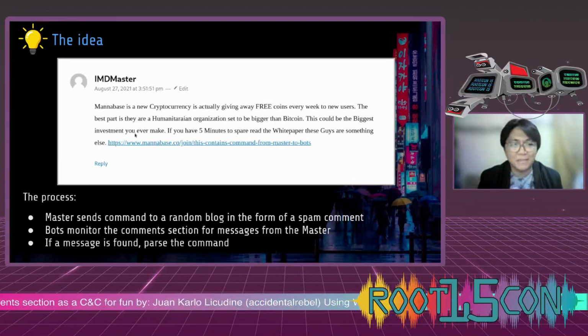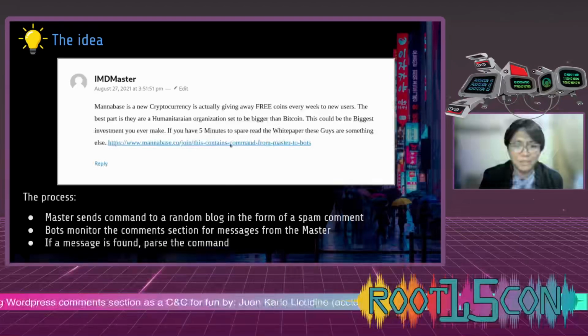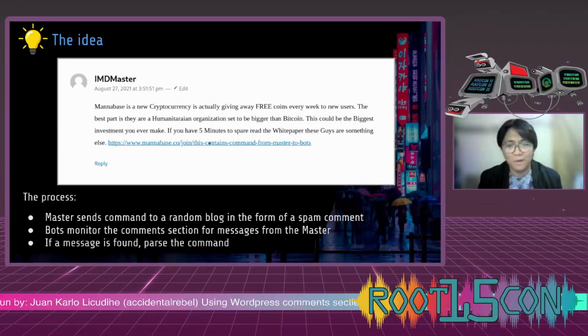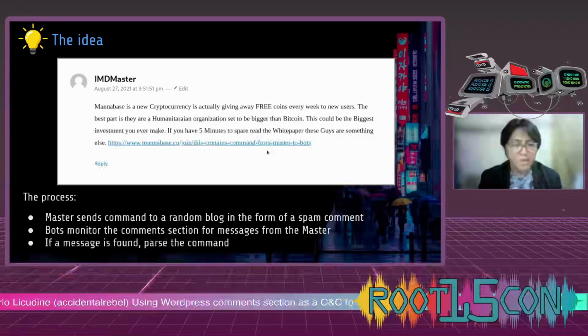We're just gonna hide it a bit, put on some random spam comment, and then at the very end, we will put the command, like this contains command from master to bots. This can be an info command or exfiltrate command or shutdown command, whatever.